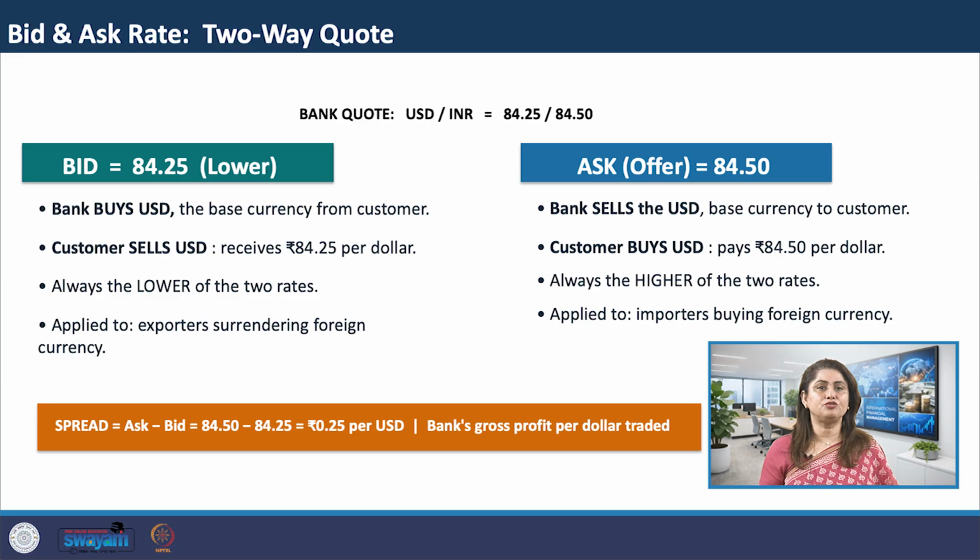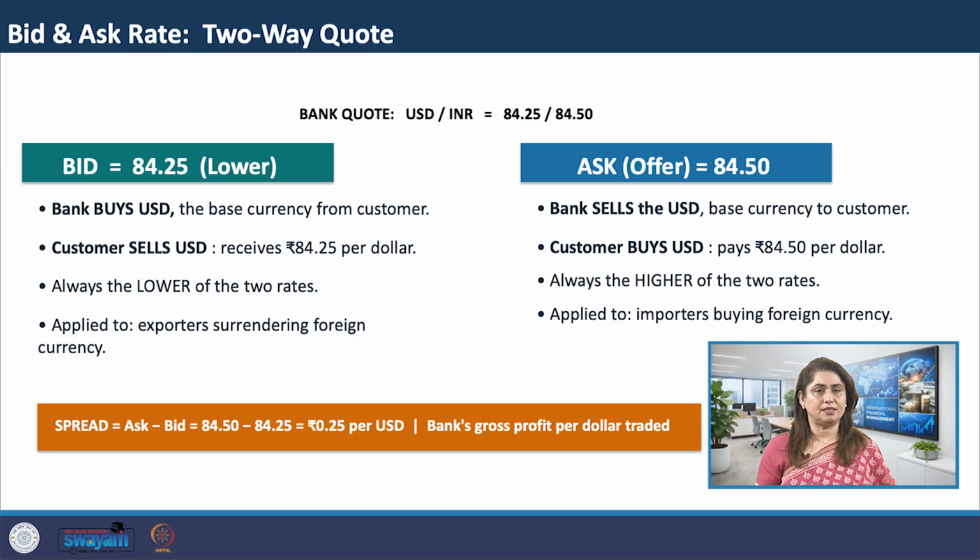The bank pays you 84.25 rupees per dollar. So, if you are an Indian exporter who just received a dollar payment from an American customer and you bring those dollars to the bank, the bank buys your dollars at 84.25. You receive 84.25 rupees for every dollar you surrender.